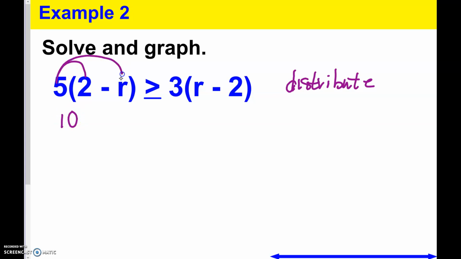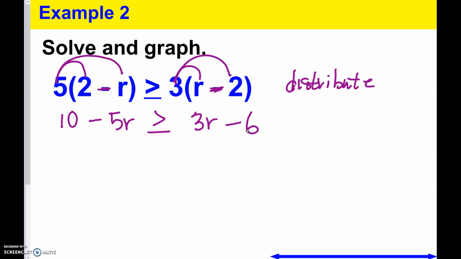And 5 times a negative r is going to be a negative 5r. And all I'm doing is distributing, so just keep the same exact symbol. 3 times r is 3r, and 3 times a negative 2 is a negative 6.